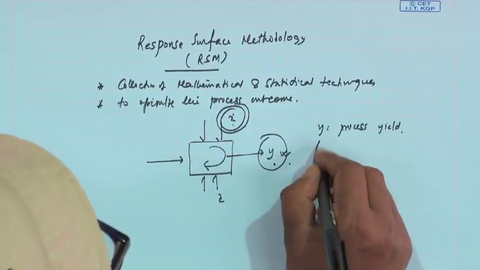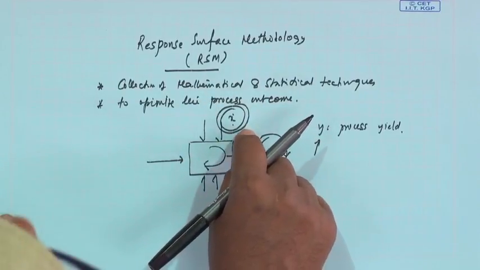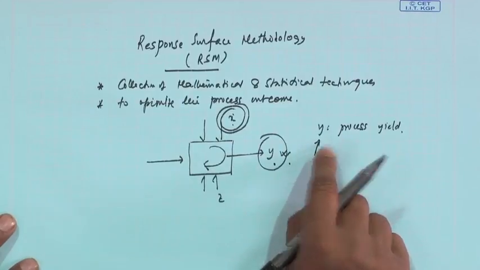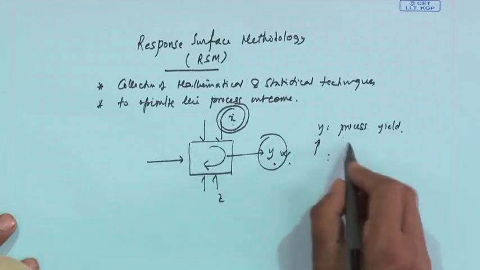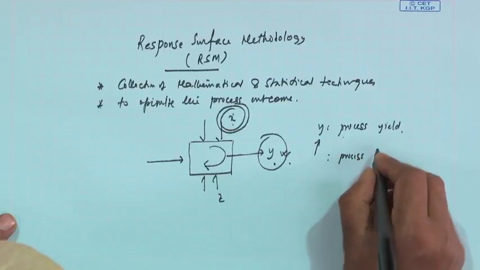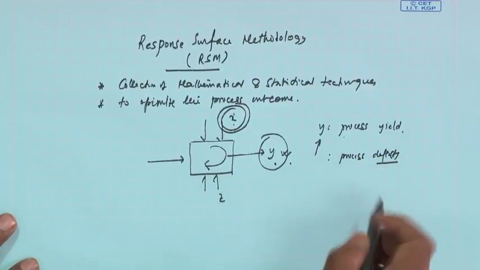then definitely you want to set your controllable parameters in such a manner that y will be maximum. If y is process defects, then what do you want?